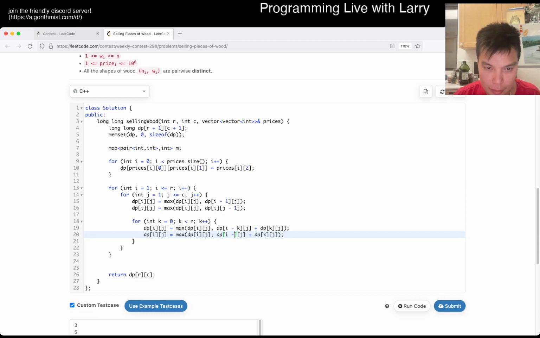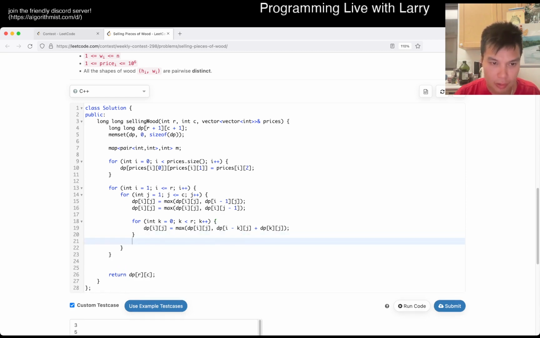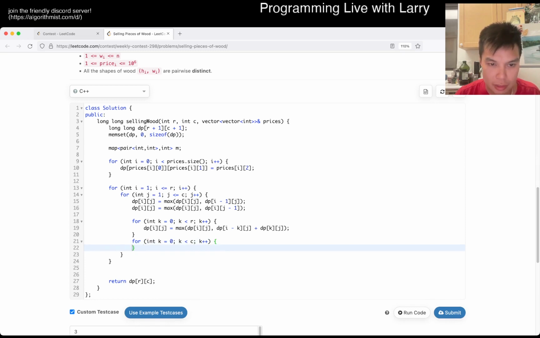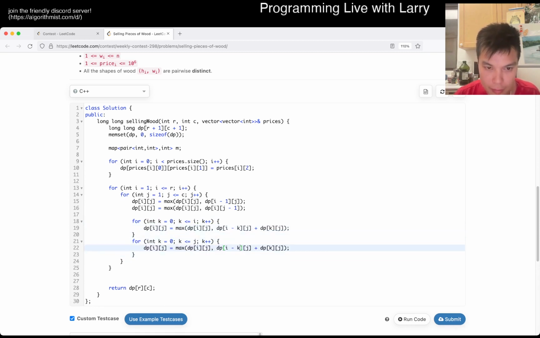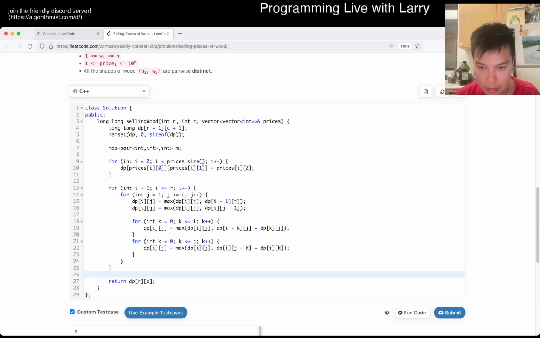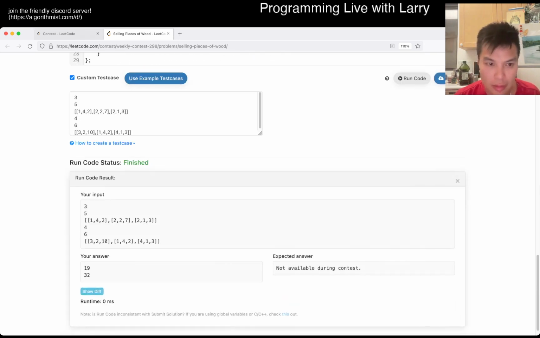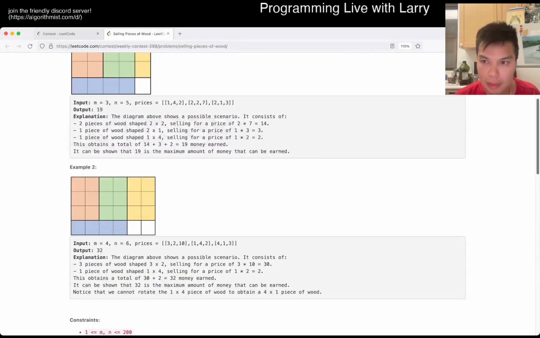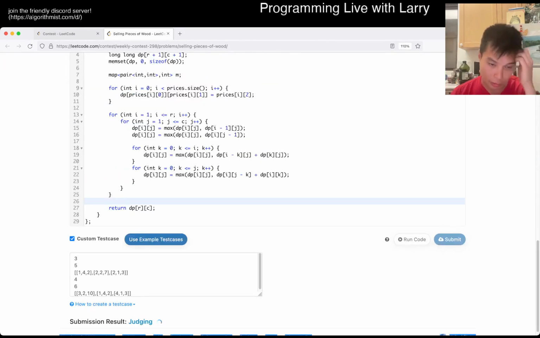And same thing for. Oh wait, I shouldn't do it that way. And this is in C. This is J. I think this doesn't matter. Then J minus K and IK. $19.32. Come on, big money. Okay, that's good. Don't know if this is right. Hopefully it is. Okay, cool.